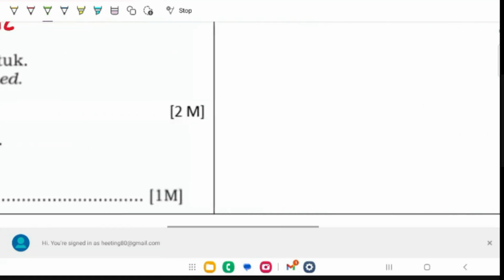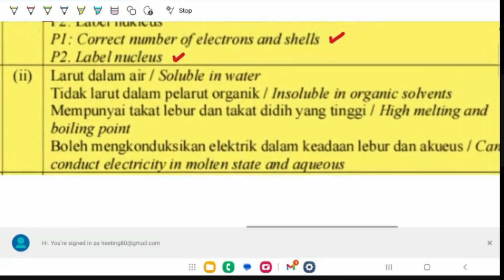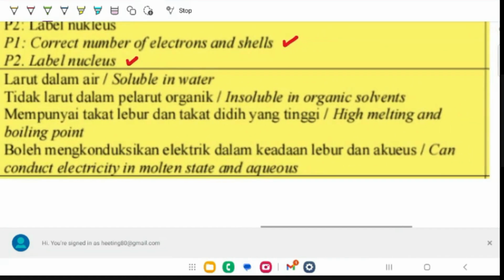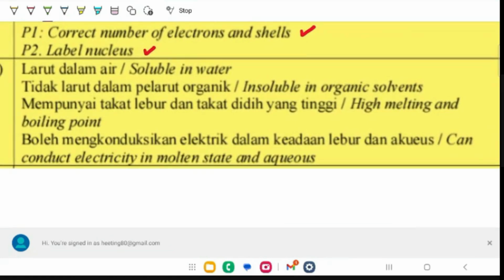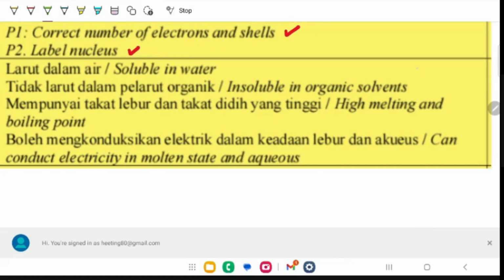Okay, so any one of these. Soluble in water, insoluble in organic solvent, this one counts as one. High melting and boiling point, this one is one. Can conduct electricity in a molten or aqueous state, this is another one.